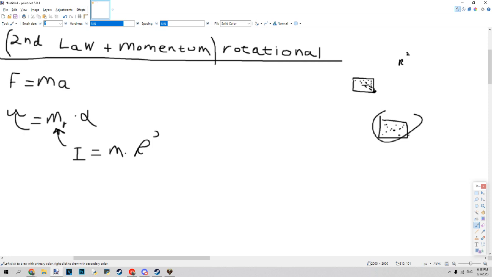Now, it should be noted that different objects and shapes have different formulas for I, because they might be missing certain parts of their mass, because they might have a hole in them, right?